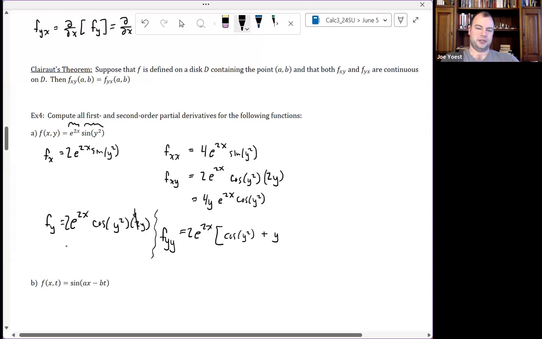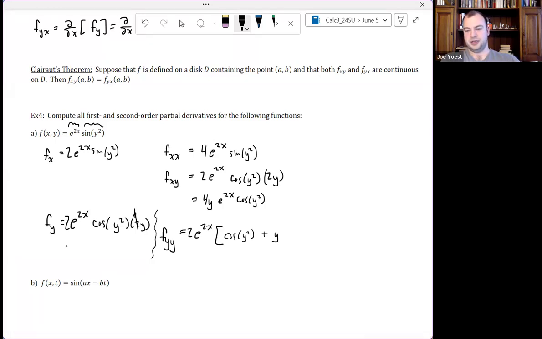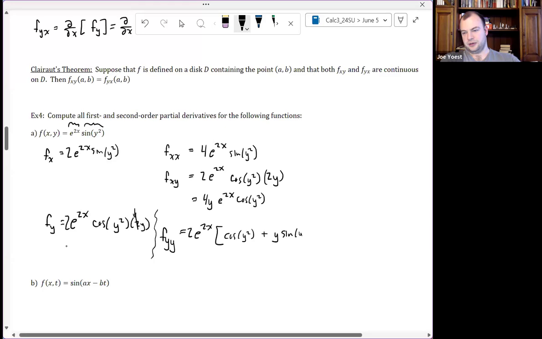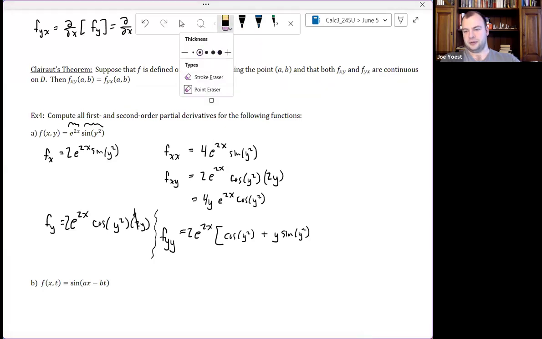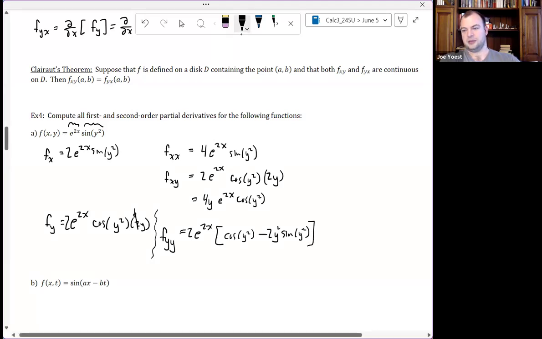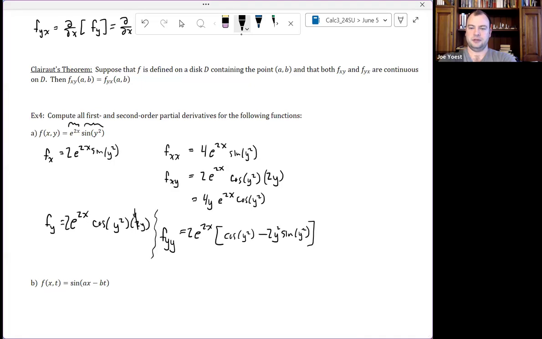The derivative with respect to y of cos of y squared is negative sine of y squared, times the derivative of the stuff inside, which is 2y. That just leaves me with a 2y squared out there. So that's f_yy, a little messier than f_xx, but it is what it is.